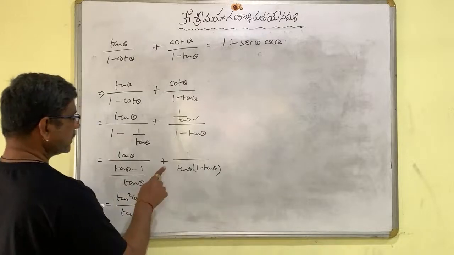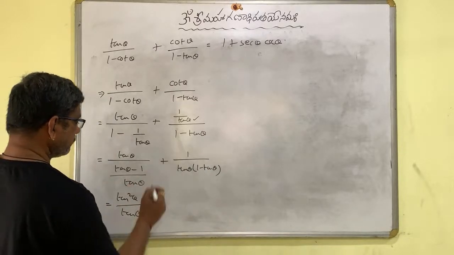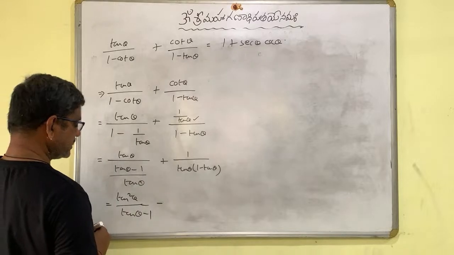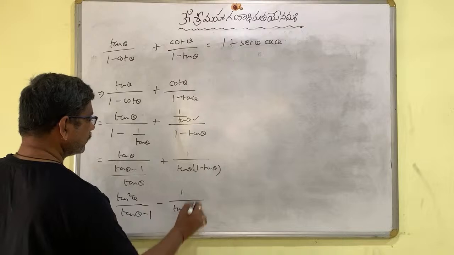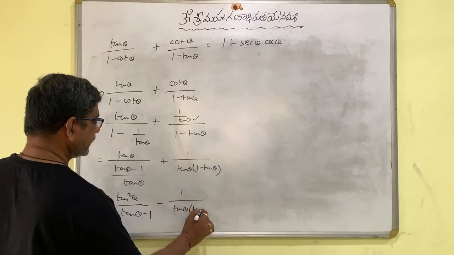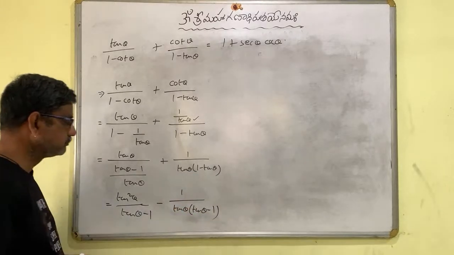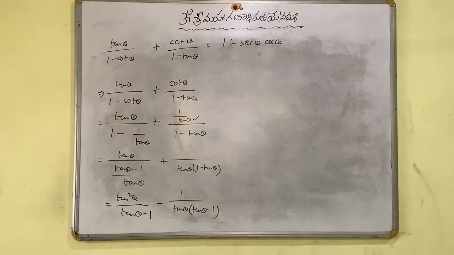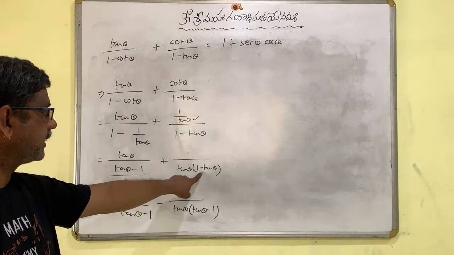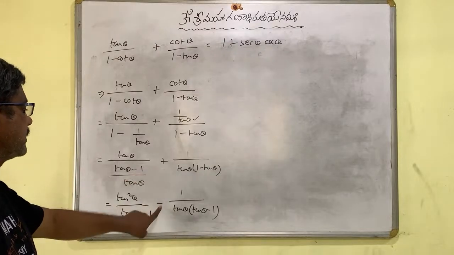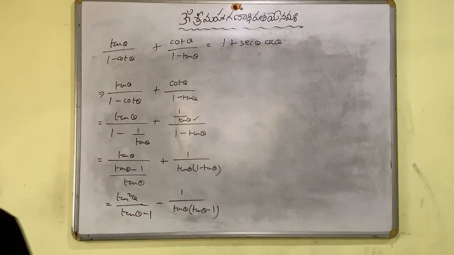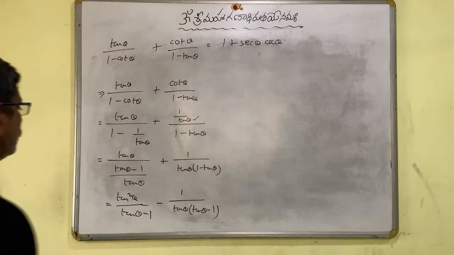Here, children, see, I am changing the sign. Instead of 1 minus tan theta I am writing tan theta minus 1. Here 1 minus tan theta is there and I wrote it as tan theta minus 1, so the sign will be changed to minus.